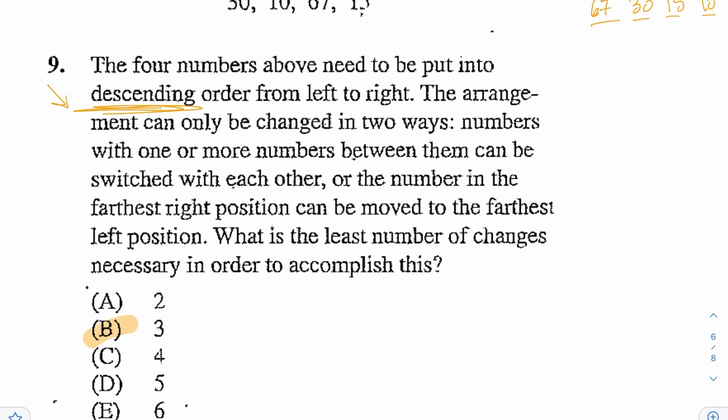But you can't just move it this way. Move it in a couple of ways. So the first way is numbers with 1 or more numbers between them can be switched with each other. So for example, if you want to put 67 first, you can swap 67 and 30, because they have a number between them, and they could be switched. And so can 15 and 30.